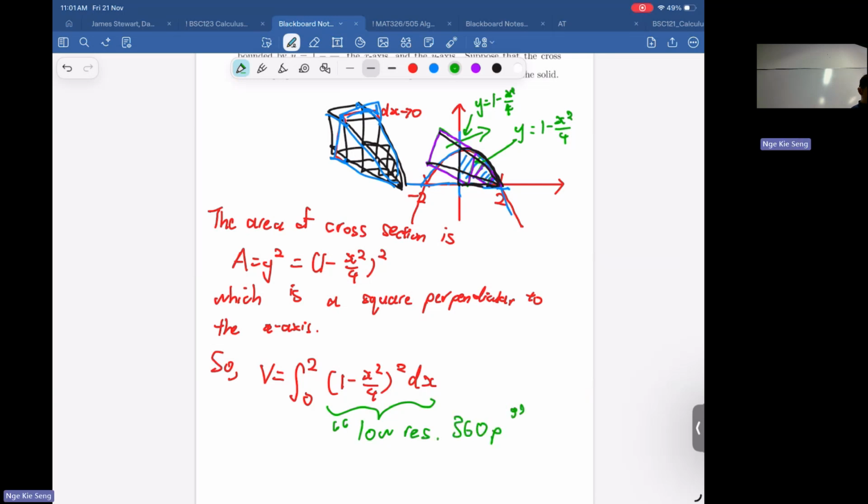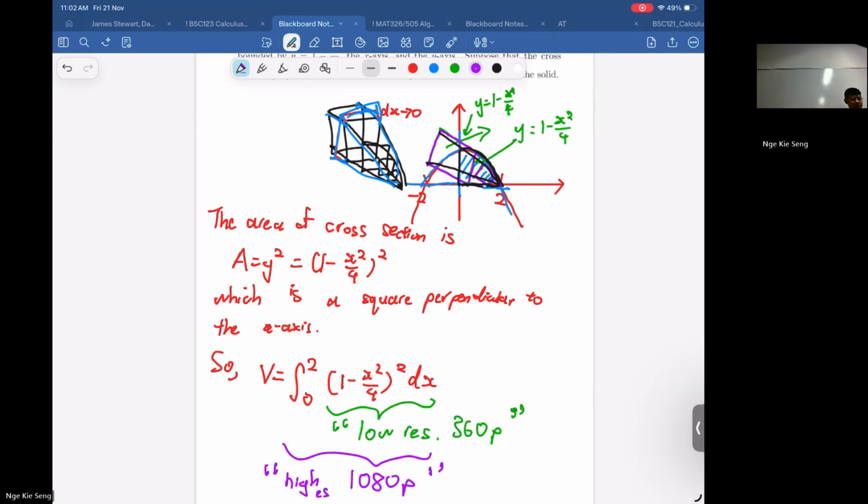But once you do integration, you will get 180p here, because you take the limit of your thickness to 0. Then you just have a bunch of squares that line up in your solid.